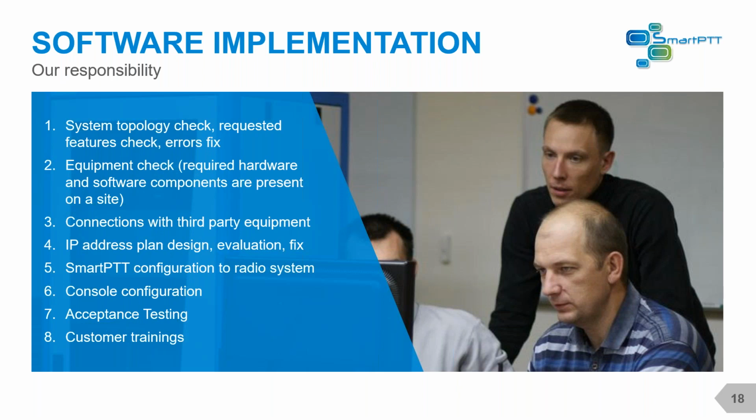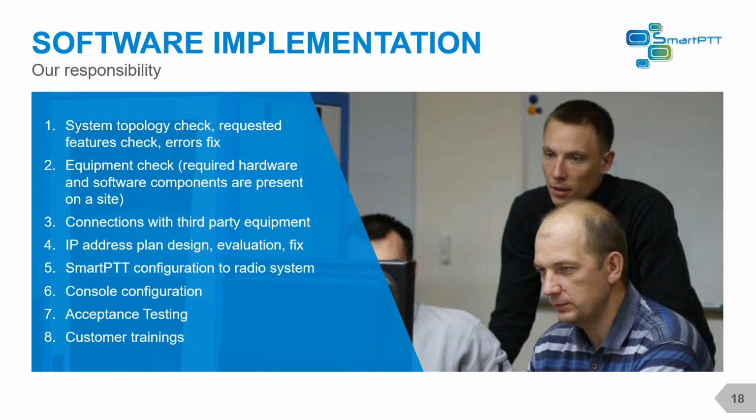Connections with third-party equipment: let's say we're going to be doing telephone interconnect. We look at the connectivity with the PBX to see if there are any issues there, and we work with their IT department or their PBX company to integrate the telephone interconnect. We'll look at the IP address plan, evaluate that and make any suggestions.